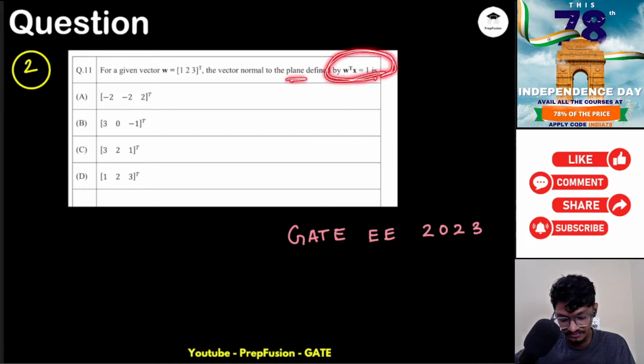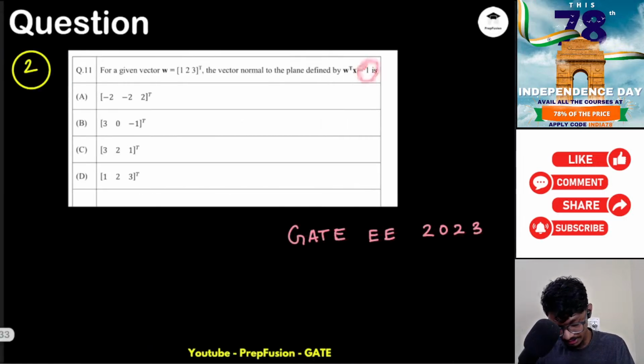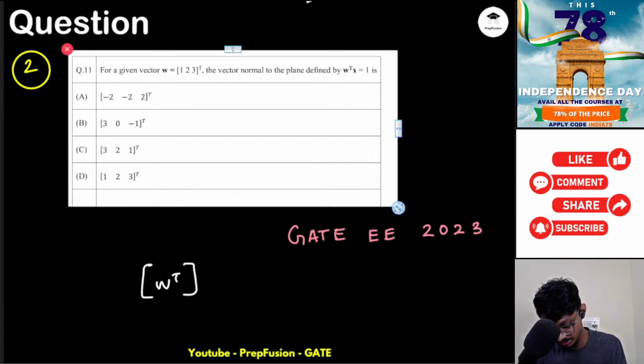So what is the plane that is defined? Let me write this x, right? This is just a 1. So here, what is the order of w transpose? If this is already in transpose format, if I transpose it again, it will be the same thing.